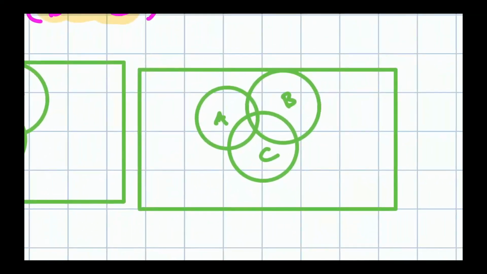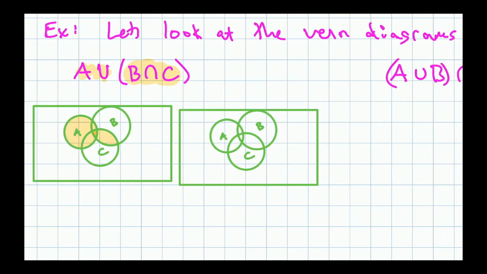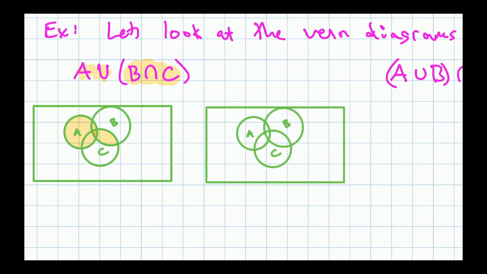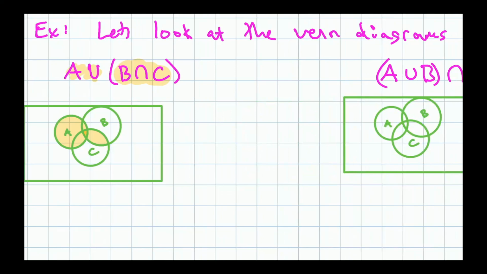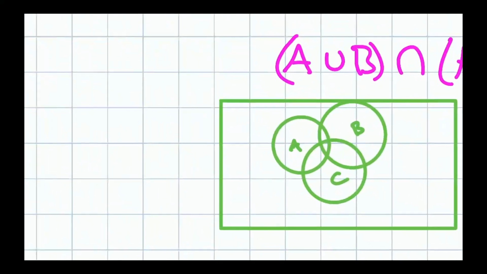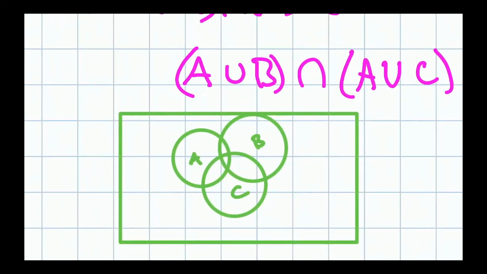So let's look at the other one. I guess this can move over here. Let's do this completely separately. We're not going to look at the other one. So we've got A union B. What's A union B? A union B is everything in A and everything in B combined. Hold on here. I'm going to need to duplicate this again.